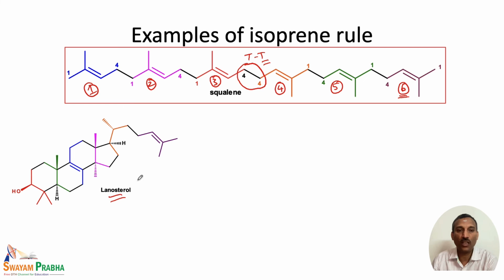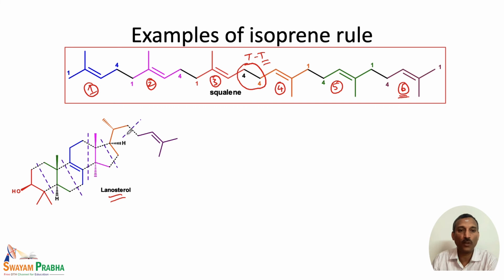This is an example of a sterol, and this sterol is again a terpenoid compound. We are going to look at the different isoprene units that are used for the formation of lanosterol. So here we look at the structure. This is one type of bond, and the dotted lines show the places where the connections are made.